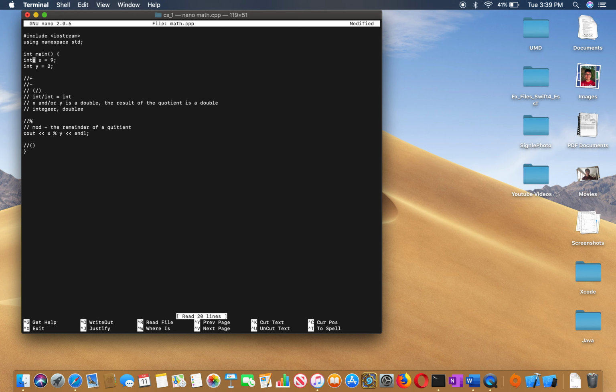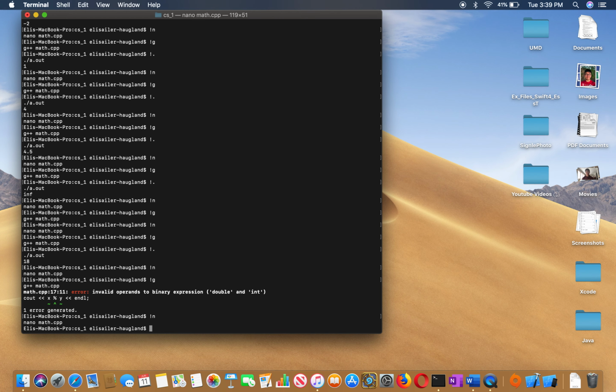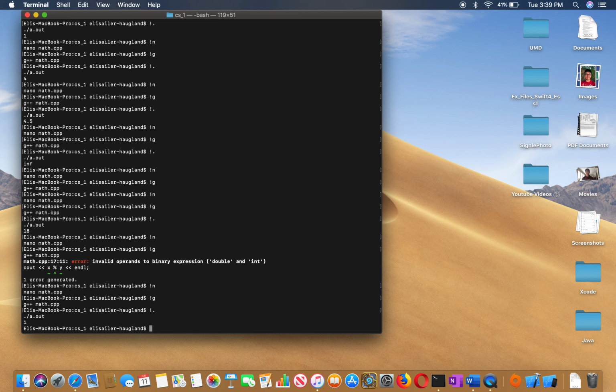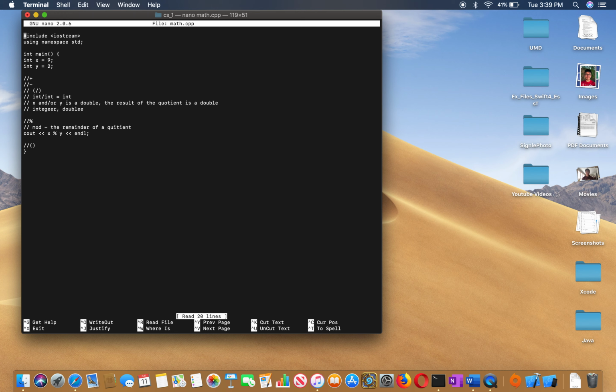I apologize. Oh, those need to be ints. Yes, both need to be integers because a mod can only output an integer. I apologize. Totally forgot about that.